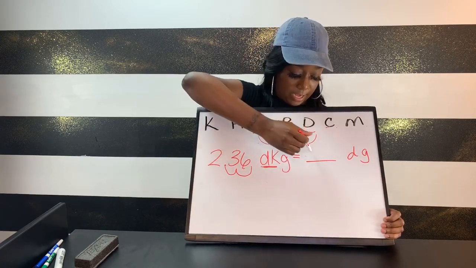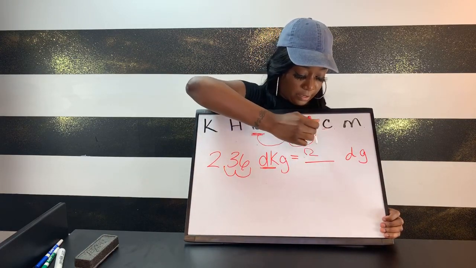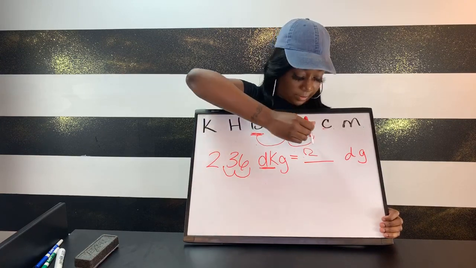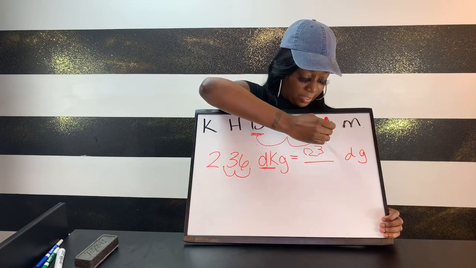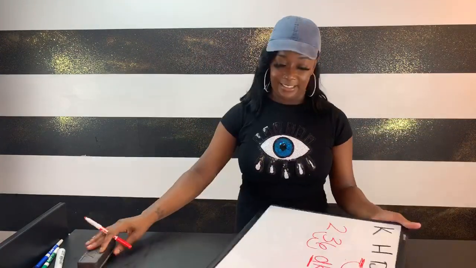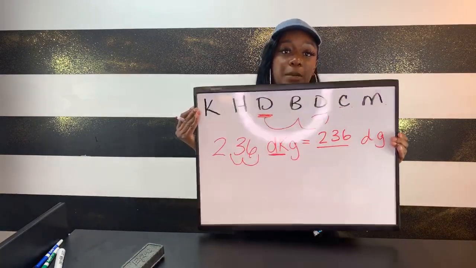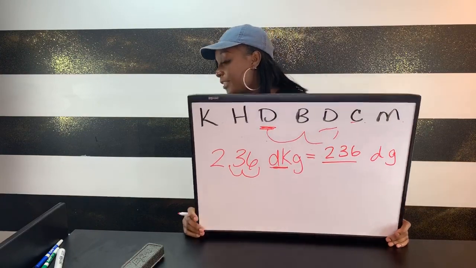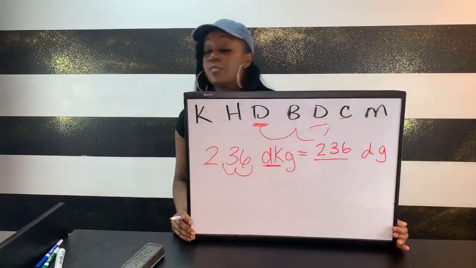So that means that the answer is 200. Is that a 2? Kind of. And 36. Oh, that's ugly. Let me fix it. All right, that's 236 decigrams.